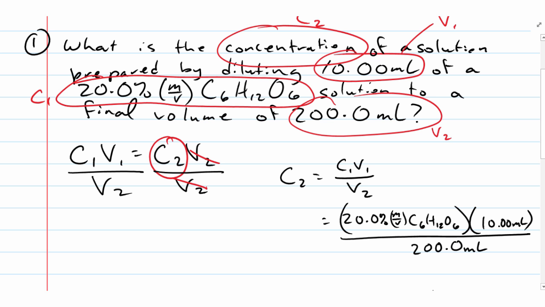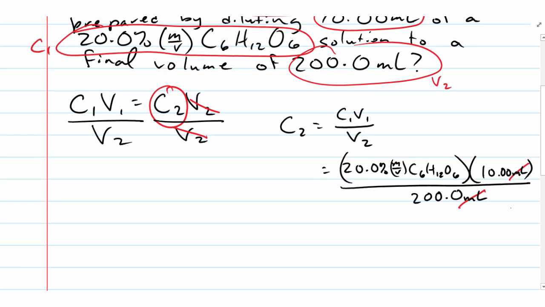Once we have these, what do we do with our units? They cancel out. Milliliters go away. And then we can take the numbers and multiply them together. We can do this one in our heads. We take 20 times 10, which gives us 200. We take 200 divided by 200 and we get 1.